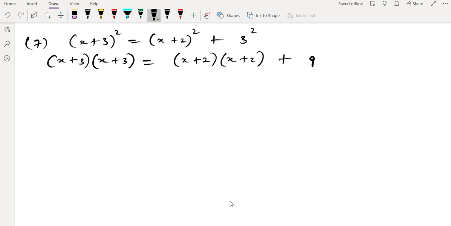So I told you how to expand. We're expanding now. It will be this times this, then this times this, right? Then you do the same here.